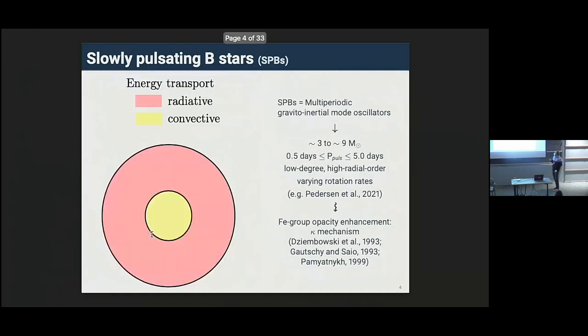A somewhat crude overview of the energy transport inside these slowly pulsating B stars is that we can talk about it as having a convective core in which our gravito-inertial modes do not propagate, and then we have a pretty extensive radiative envelope in which they do propagate, and of course there's overshooting going on all around the core. These slowly pulsating B stars also exhibit widely varying rotation rates, but I will show you a bit more about that later.